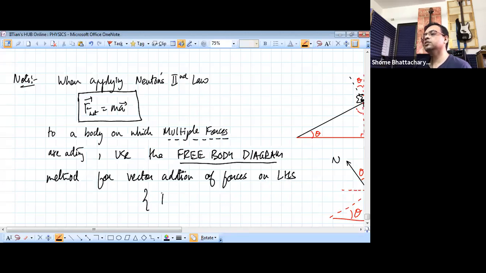In short, this is called the FBD method. This is something very important. This is the backbone of solving all Newton's laws problems.